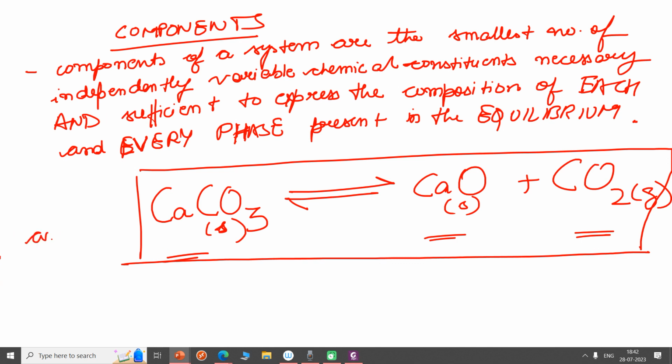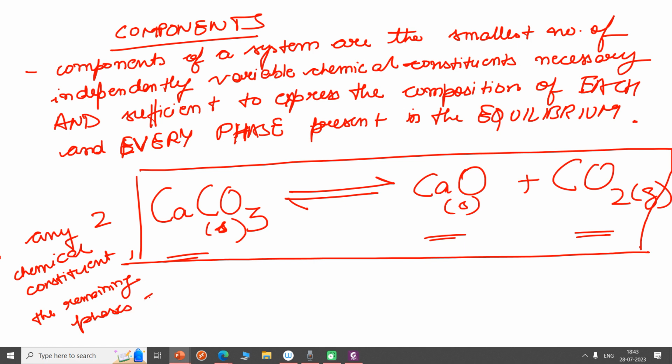In this case, if we just take any two chemical constituents, the remaining phases can also be determined. Now how?